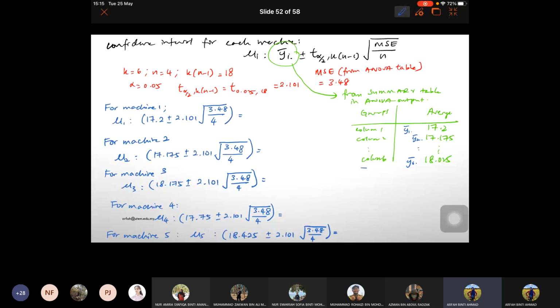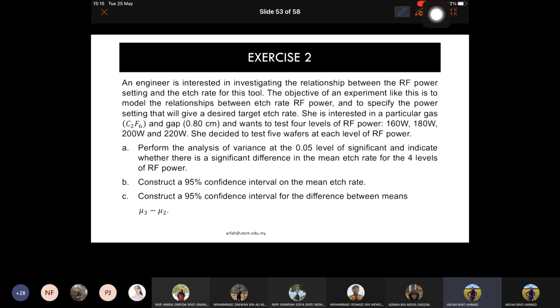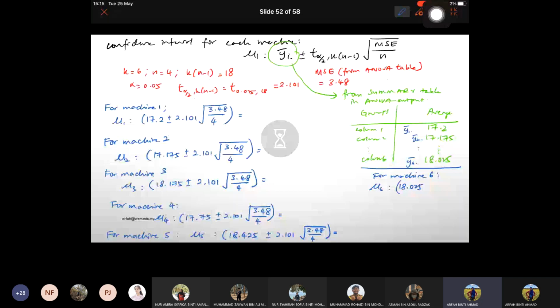And the last one for machine 6, so mu 6 berada antara 18.025 plus minus 2.101 square root 3.48 dibahagikan dengan 4. Okay. So cuba kira and give me the answer.